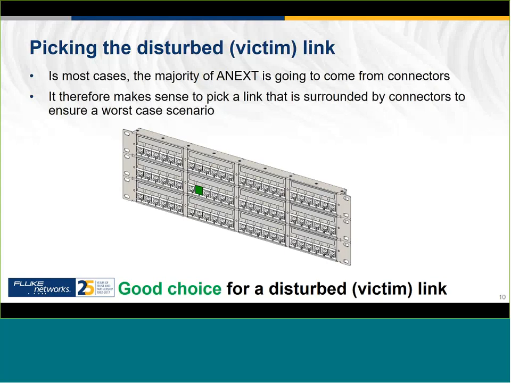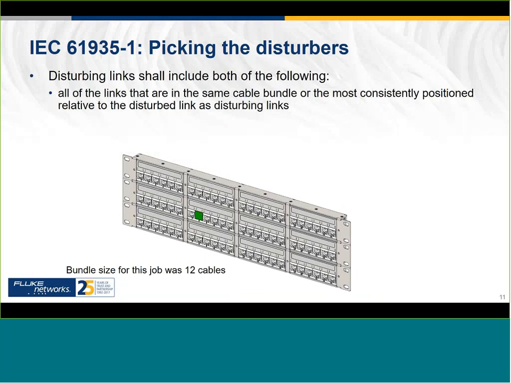What we have to remember is when we're looking at it, and as you can see here, we're using the ISO evaluation. Bundle size for this particular job was 12 cables. So we would dress the cables from the 24 ports, 12 to each side.